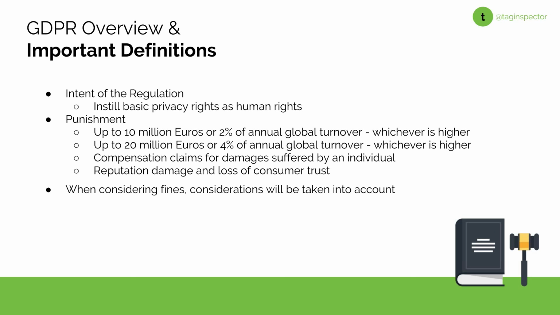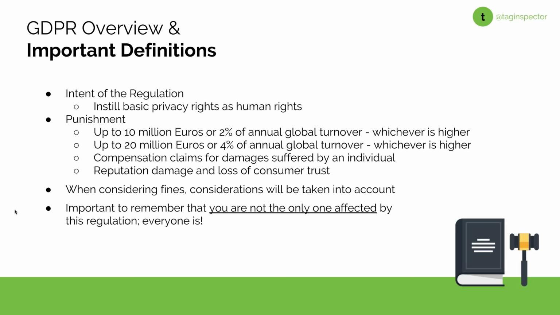Those types of things are going to be taken into account when administering those fines. So it's extremely important, and we'll hammer this home throughout the webinar. You need to document those different processes. You need to have processes in place around privacy, and you need to be able to defend yourself in the event of a regulatory body starting to ask you questions.